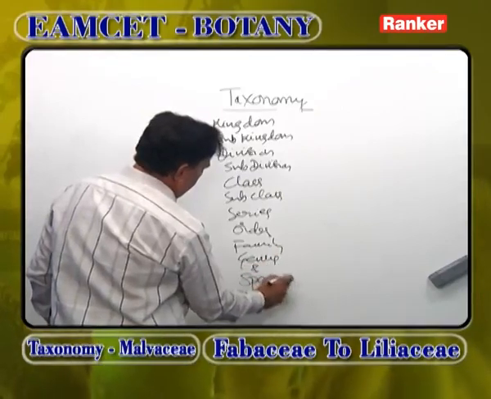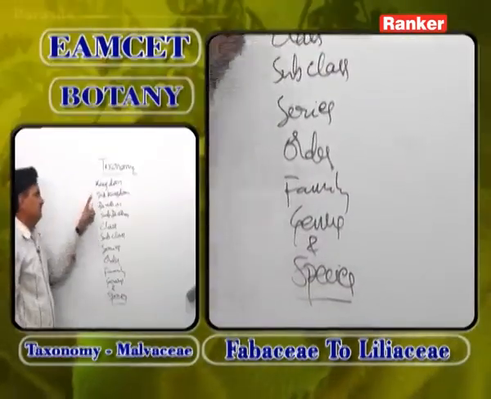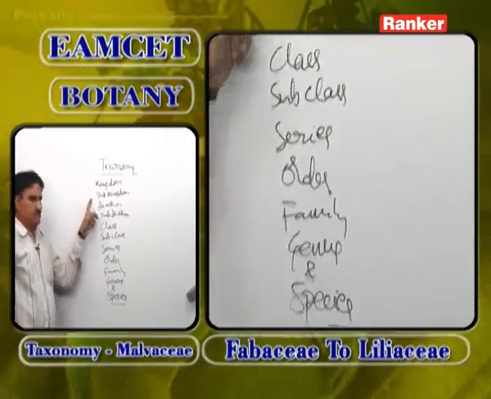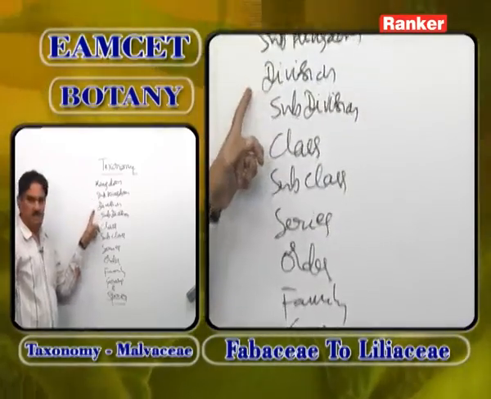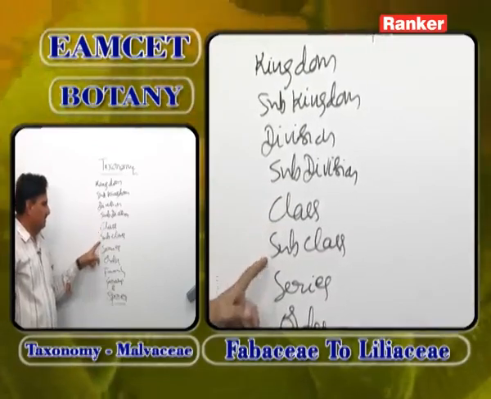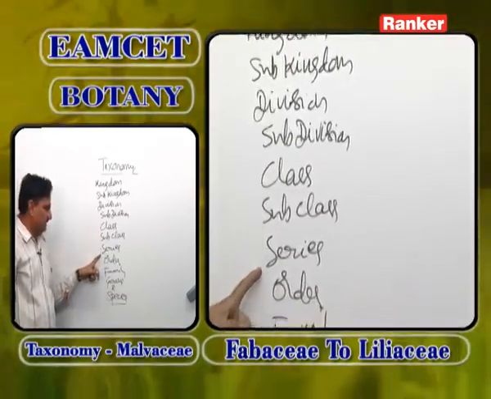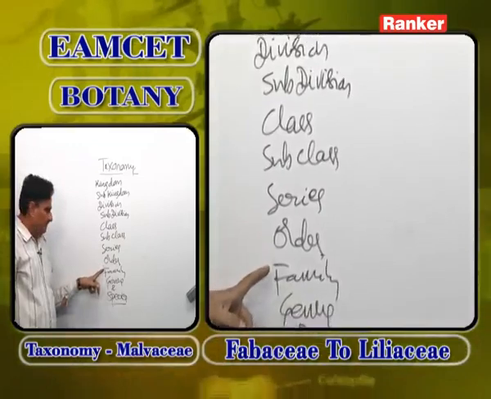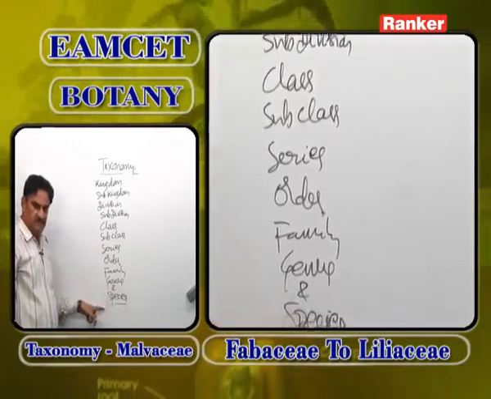This is the hierarchical system of classification. Kingdom, subkingdom, division, subdivision, class, subclass, series, order, family, genus, species.